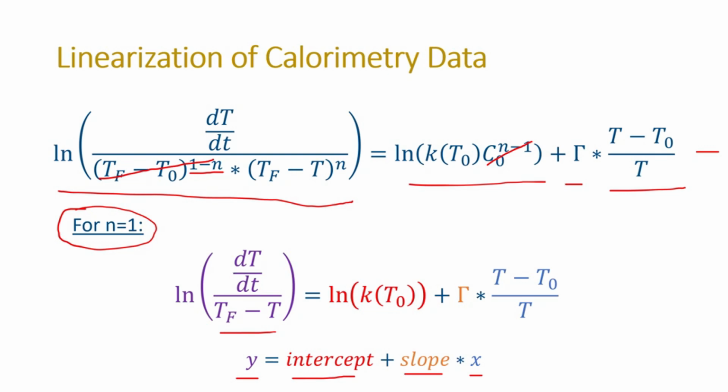And so what that tells us is if we take our temperature versus time data and manipulate it to have this set of terms on the y-axis, and on the x-axis have this T minus T0 over T, then what we'd expect to see is a line, and the slope of that line would be equal to sigma, and the intercept of that line is the natural log of the rate constant at the onset temperature. So when we get into our next lesson, we will apply this. We will show how we can use this in order to actually treat a real set of data.